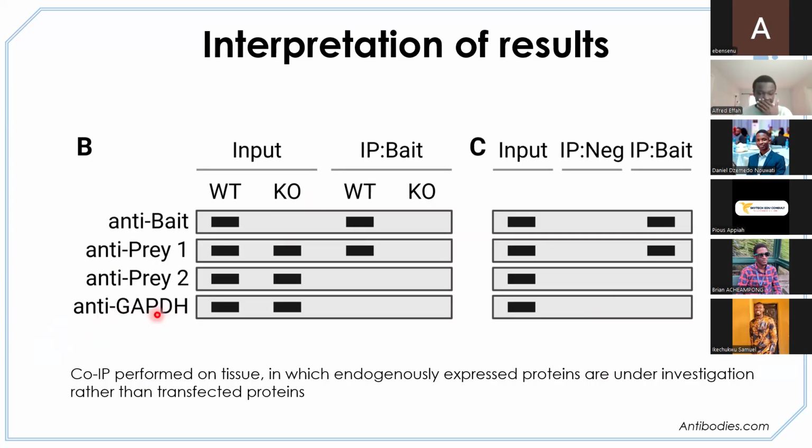So GAPDH is one of the enzymes in the glycolytic pathway, and because most cells utilize glucose in their activities, it means that this enzyme is highly expressed. And so we use it as kind of an internal control to confirm that the whole thing, the chemicals, everything that we are using indeed work.